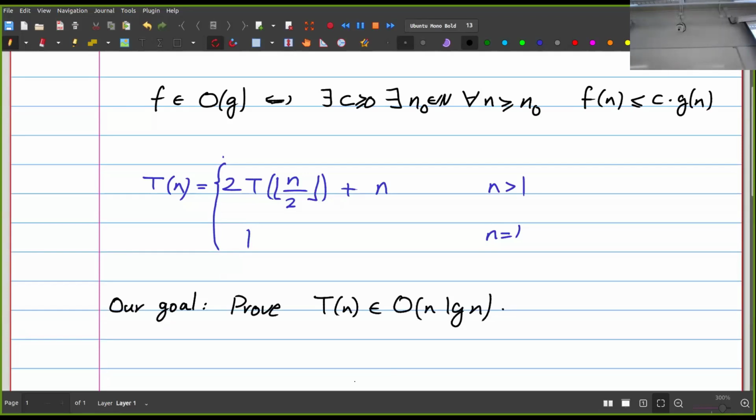Now here's the thing. To prove this, I have to find a value for c and also a value for n0. But this also means that I get to choose my own n0. And this is going to give me a lot of flexibility in proving.